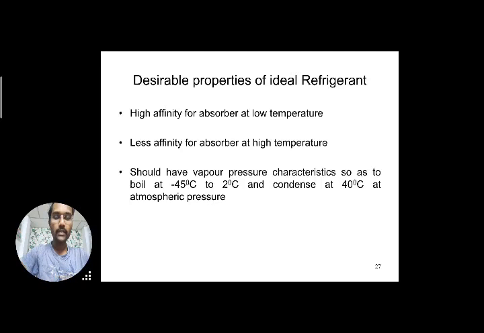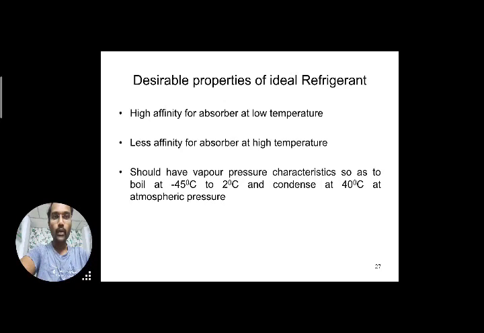With less affinity, when we add heat and reach high temperatures, they may get separated, like ammonia and water getting separated when we add heat. It should not have more affinity, because then we have to add more and more heat. If I add a little heat, the affinity has to be less so that both can be separated very easily. That should be present in the ideal refrigerant.